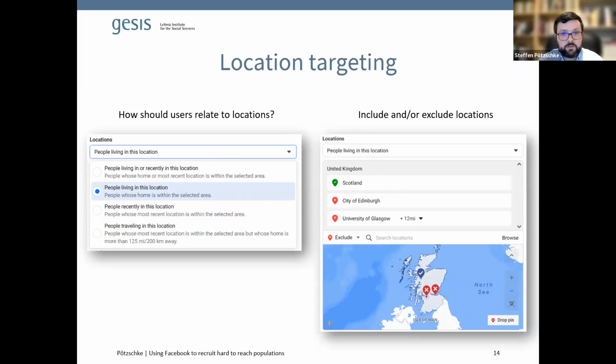Also important is that we cannot just include specific locations, but we can also exclude them. This might, for example, be of interest to you if you want to recruit the general population in rural areas of a specific country. Then you might want to exclude specific urban areas.